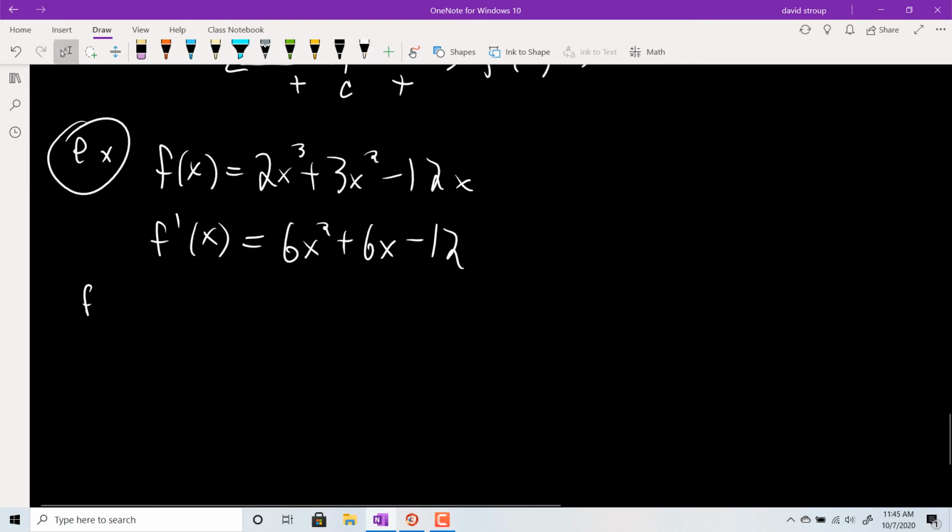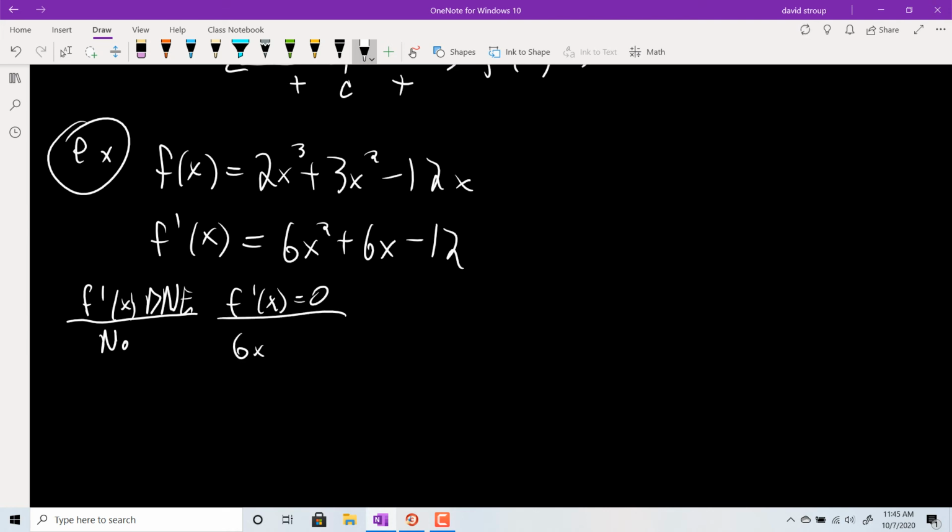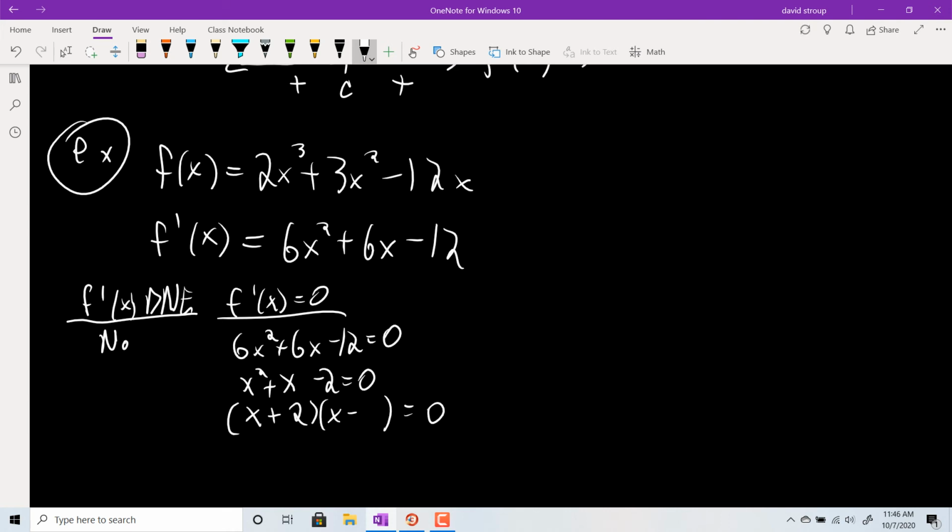So clearly this thing never has a problem with not existing. And then where does f prime of x equal 0? Divide by 6. Factor it, hopefully. So it has to be plus minus. We want the big one to be positive. And then our critical numbers are -2 and 1.